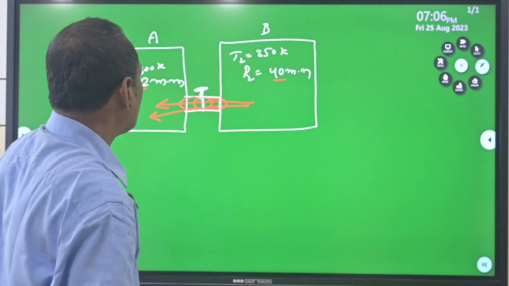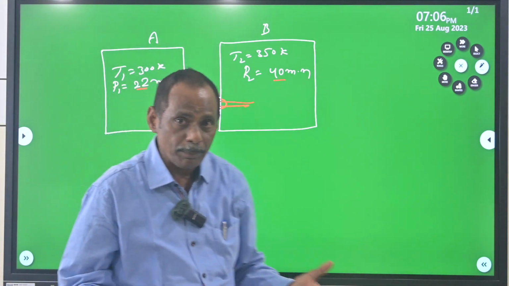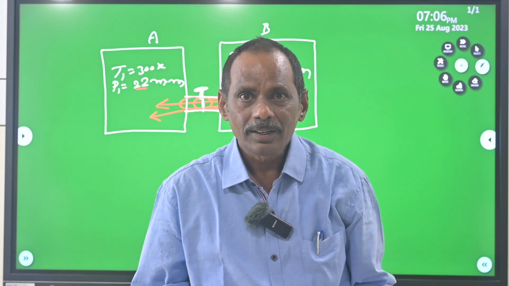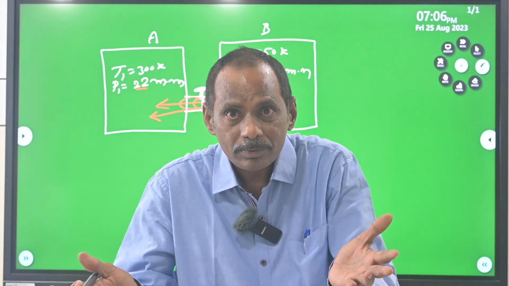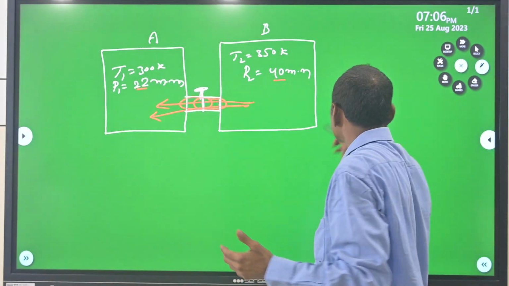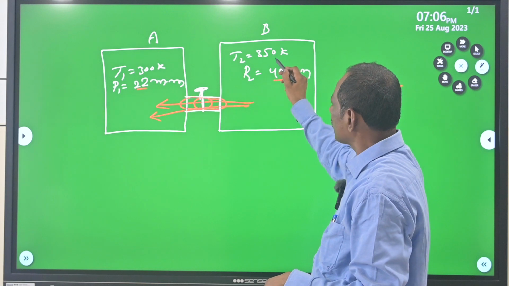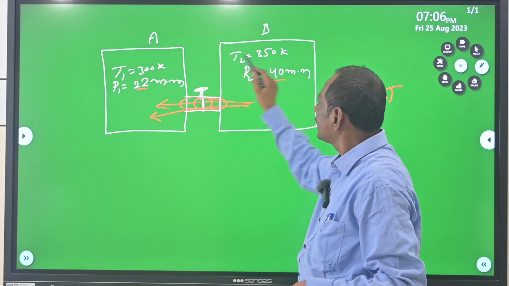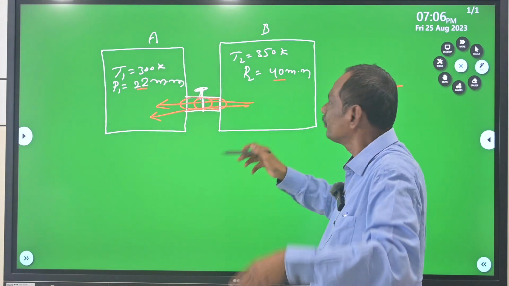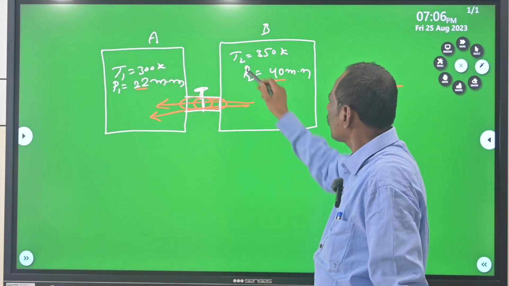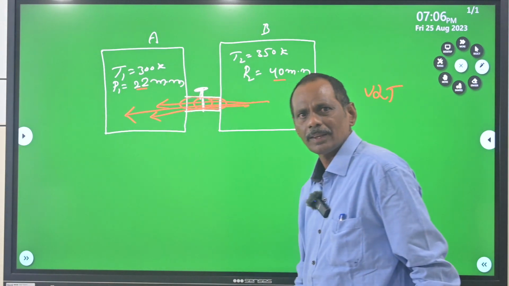Second one, here the temperature is 350, here the temperature is 300. If the temperature is more, then it tends to occupy more volume, because the volume is directly proportional to temperature according to Charles. Therefore, by the effect of temperature, again this water vapor tends to move.